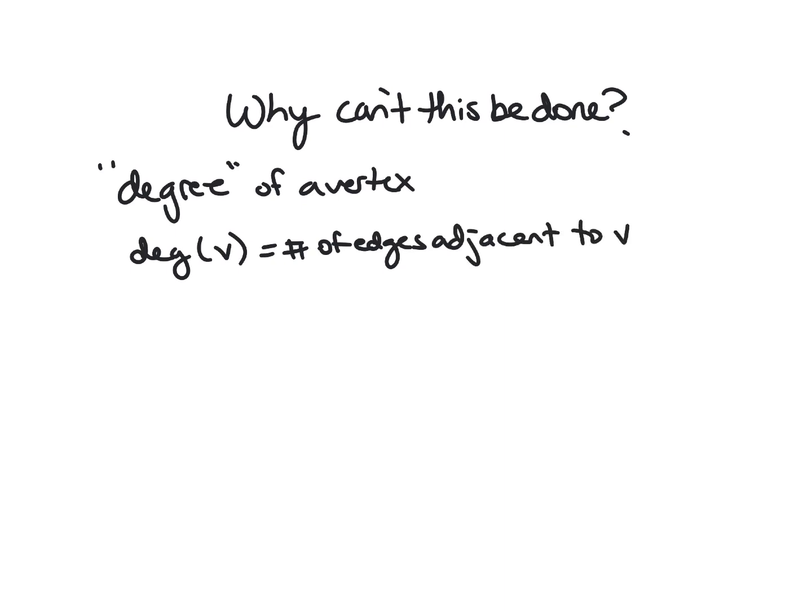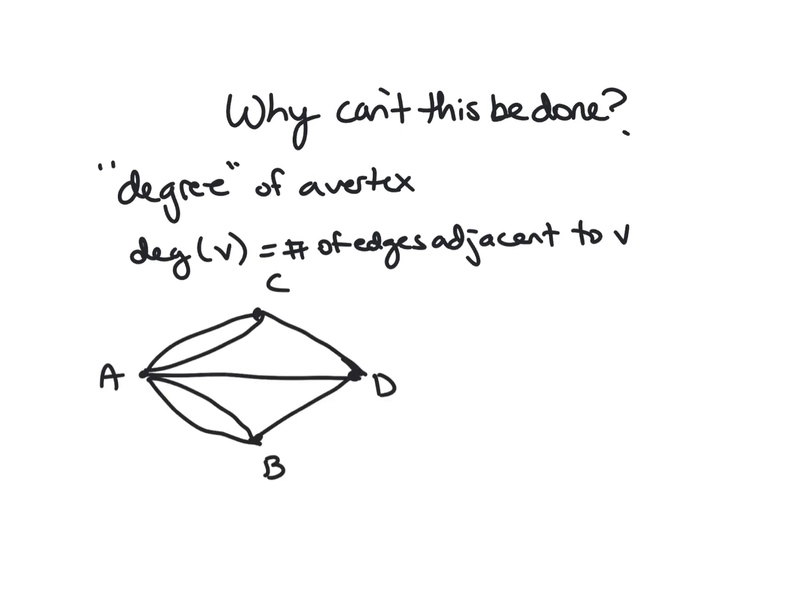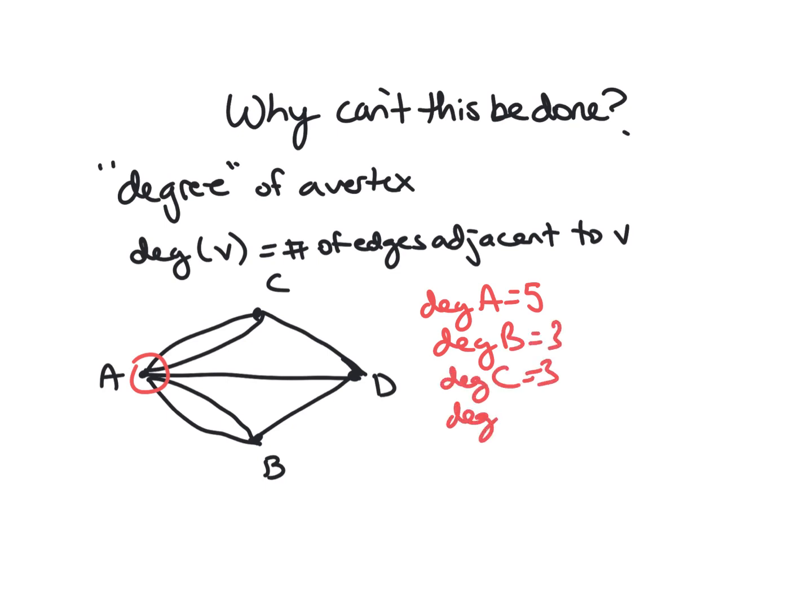Looking at our picture again, first we can look at the vertex A, and we'll note that around A, we have 1, 2, 3, 4, 5 edges going into it. So the degree of A is 5. It has 5 edges touching it. And then the rest all have 3, right? So the degree of B is 3, degree of C is 3, and the degree of D is 3.